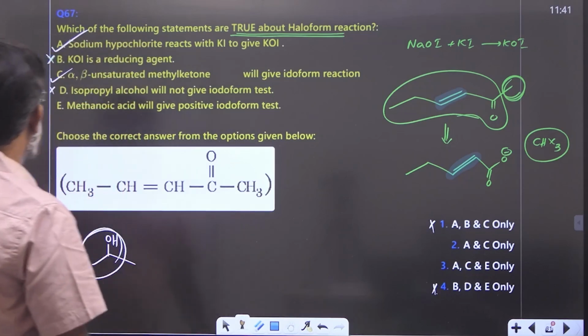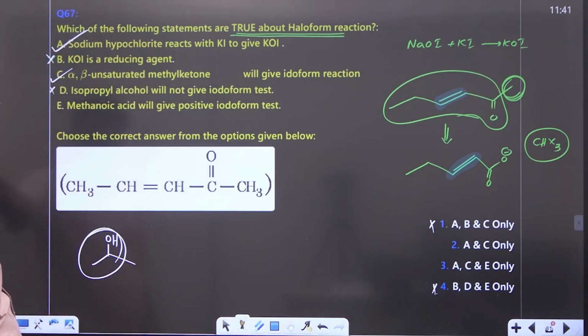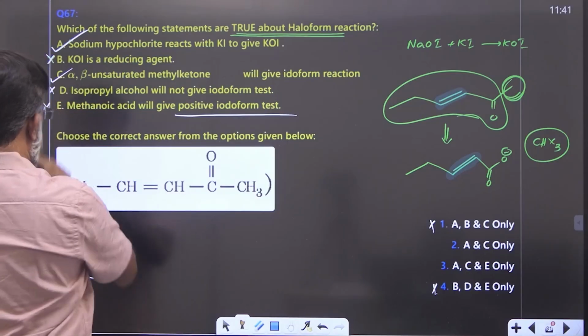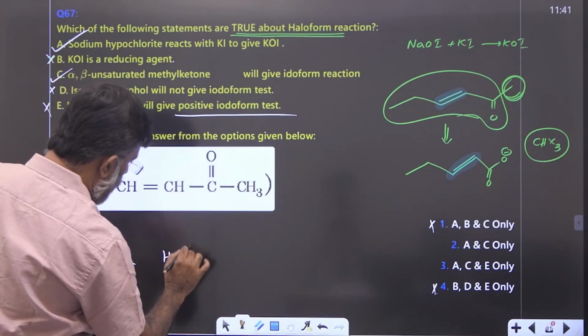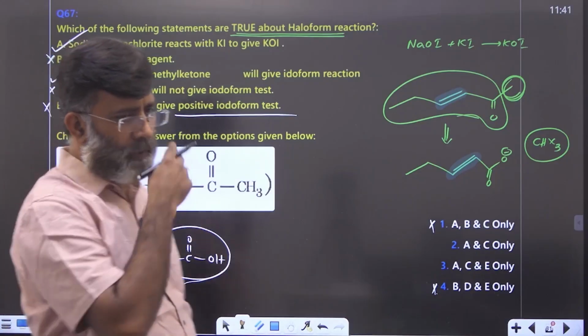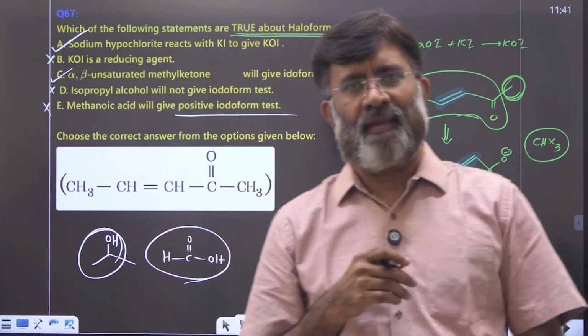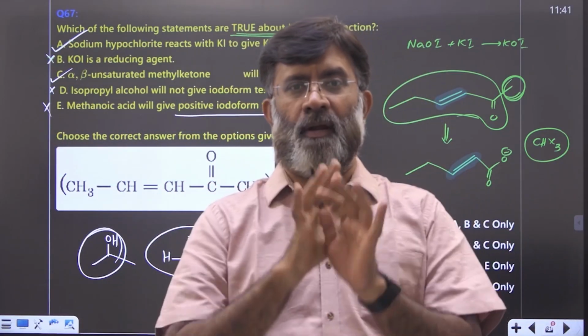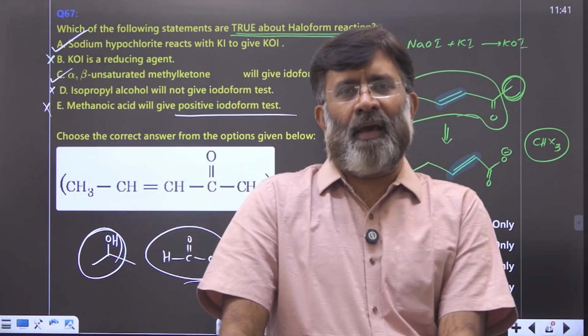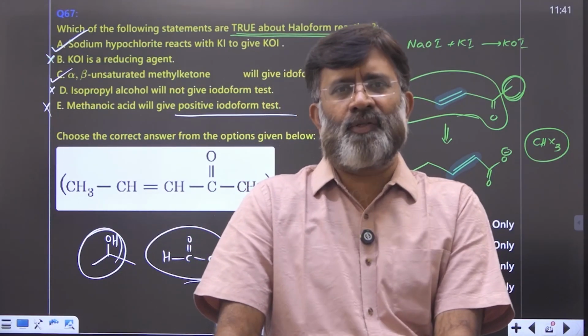Option E: methanoic acid will give positive iodoform test. Methanoic acid, HCOOH, will not give a positive iodoform test. Not only methanoic acid, an acid group is not responsible for giving a haloform test, because the haloform test is nothing but an oxidation reaction.